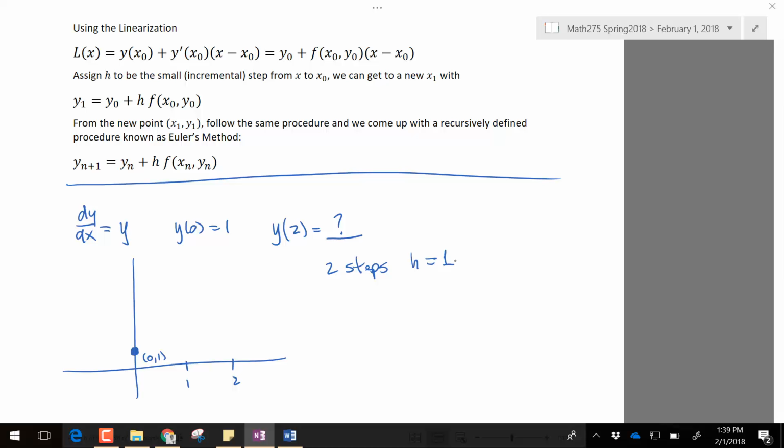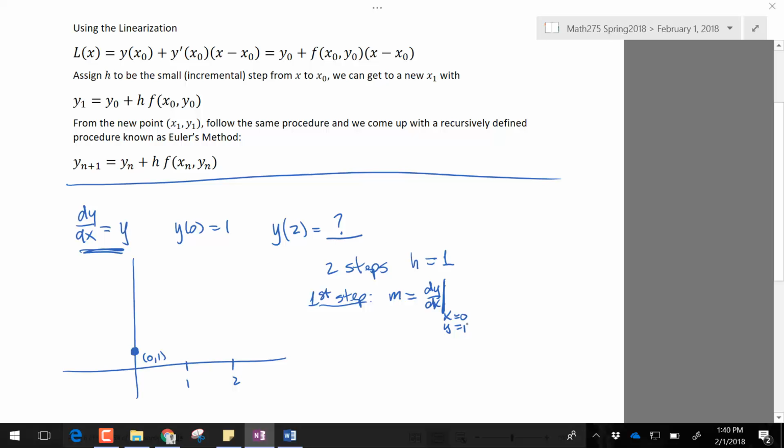And we're going to use this idea of linearization. So what does linearization mean? I have a point that I'm starting off with, and I have a slope at that point, right? So from step 1, I have the slope m is equal to dy dx, and this is dy dx when x is equal to 0 and y is equal to 1.